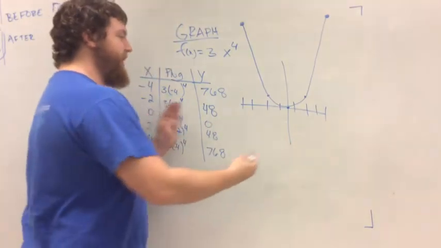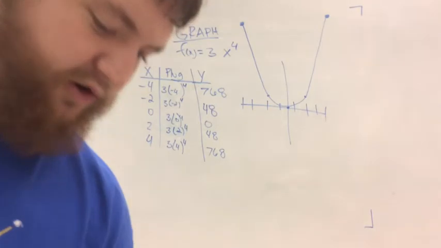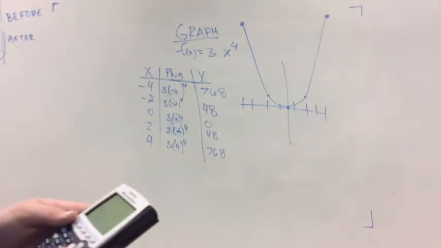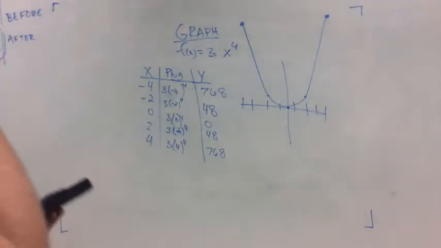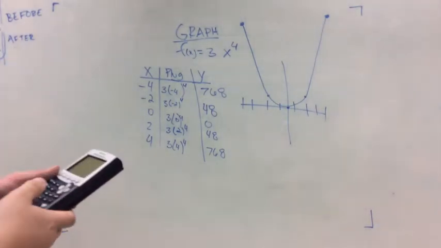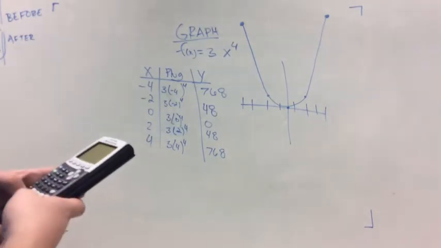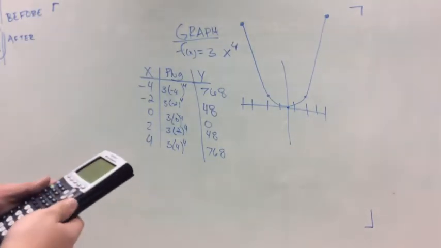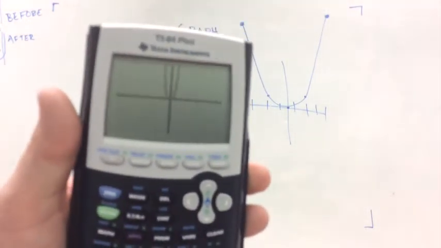So just because I graphed it in this window, does that mean I'm going to see all of my changes of direction? No, it's not. I didn't graph enough of it to see all of it. I only graphed it from -4 to 4. And I just made that up, so I had no idea if it was going to work or not. So let's see what this thing should look like. If I graph it in my calculator, it looks like that.